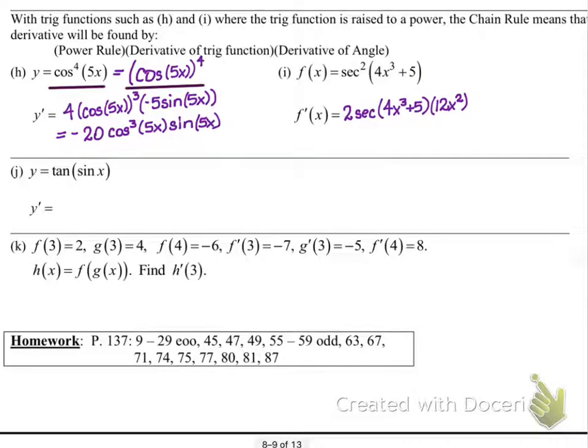Okay, I'm going to try to go through this one a little bit more slowly. So take down your power, subtract 1 from your power, take down your power, subtract 1 from your power, then take the derivative of the inner function.